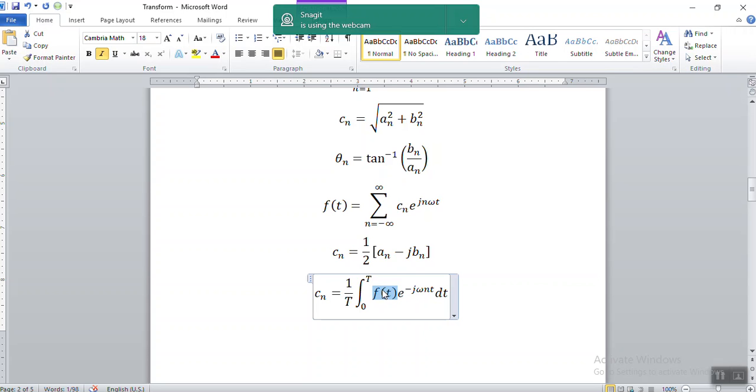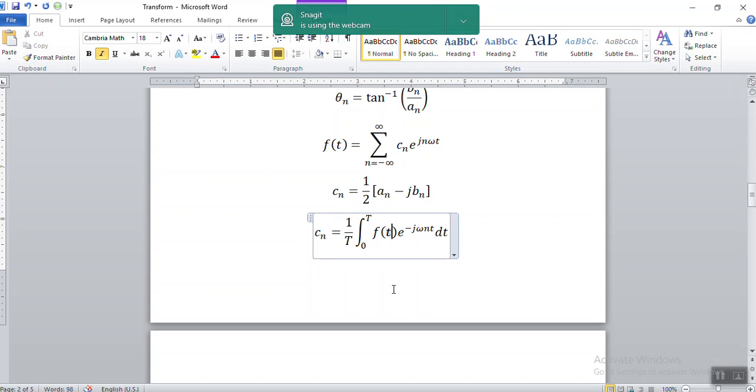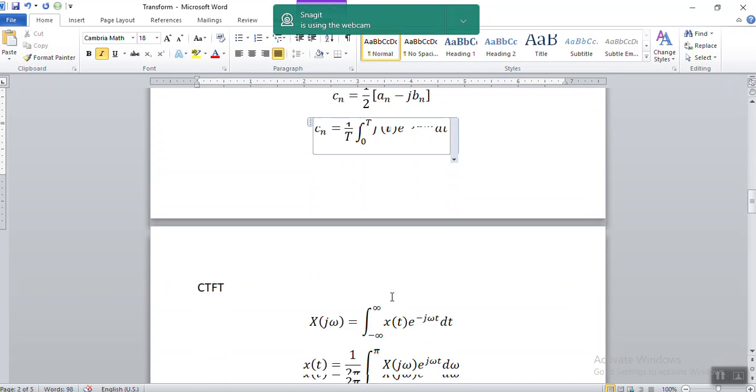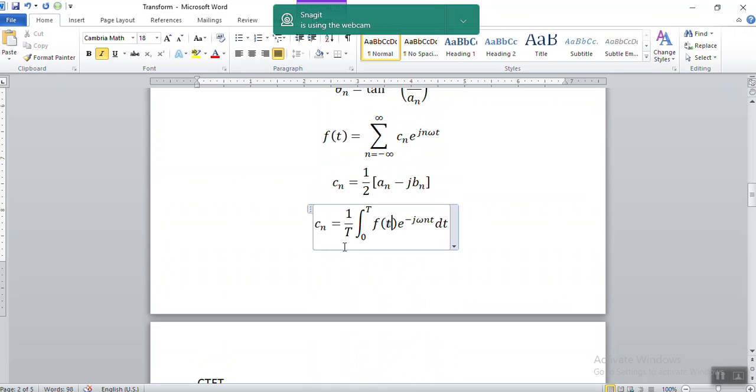This only gives you the spectrum, that is, the frequency domain information of a periodic signal, the discrete normalized spectrum of a continuous time periodic signal f of t.